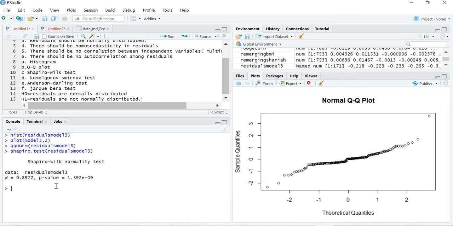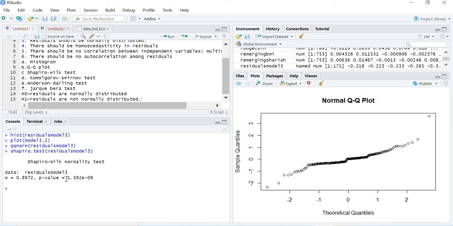You can see that the p-value is less than 0.05. It's 1.529e-09. What does it mean? That the value is 1.529 multiplied by 10 raised to the power minus 9. That means it's a very small value, near about 0. So the p-value is less than 0.05.